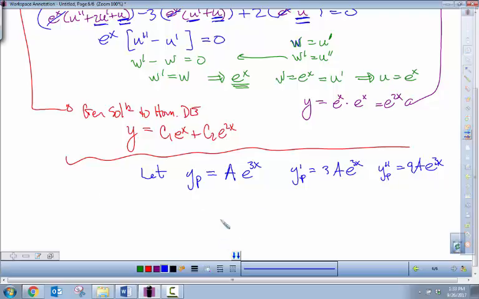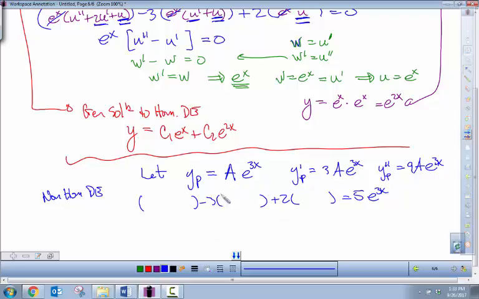So the original non-homogeneous differential equation, which was y double prime minus 3y prime plus 2y equals 5e to the 3x.